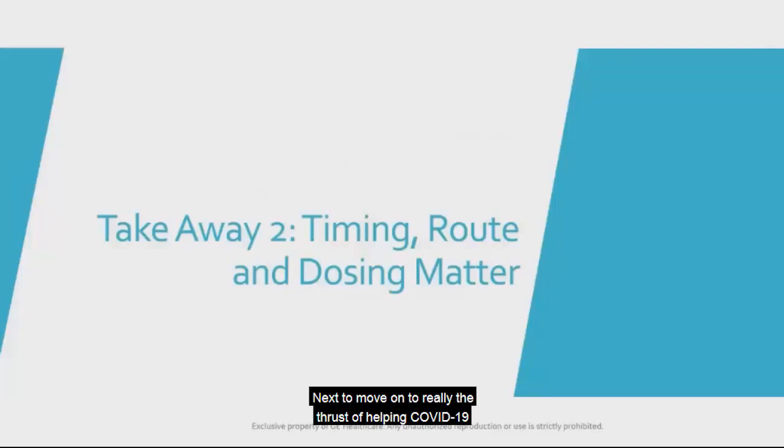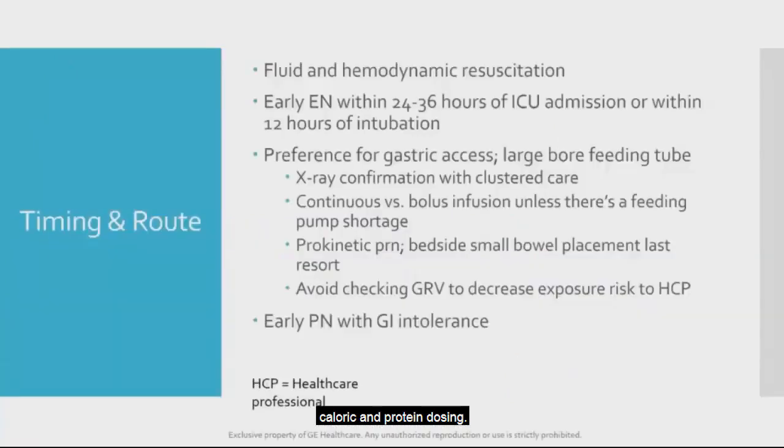Next, we move on to really the thrust of helping COVID-19 patients, which is dealing with issues around timing, route, and caloric and protein dosing. First, timing and route matter. Enteral is preferred over parenteral nutrition after fluid and hemodynamic resuscitation have occurred.